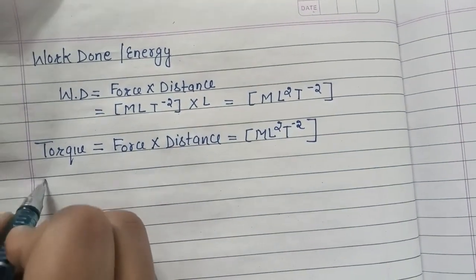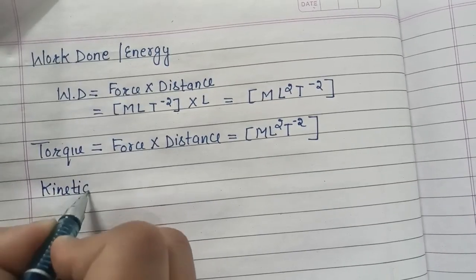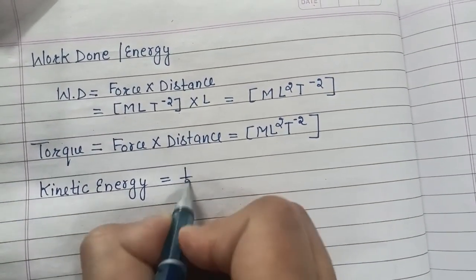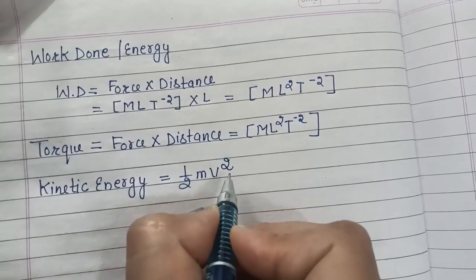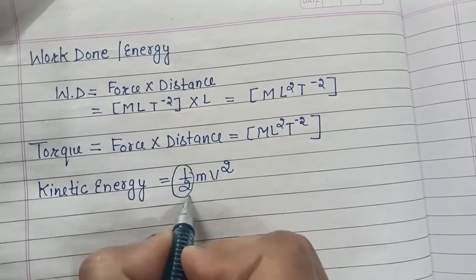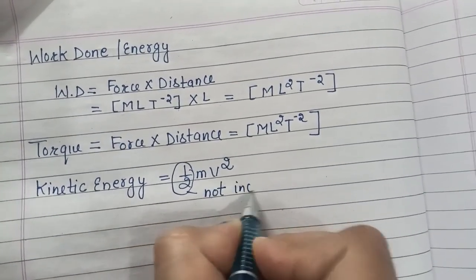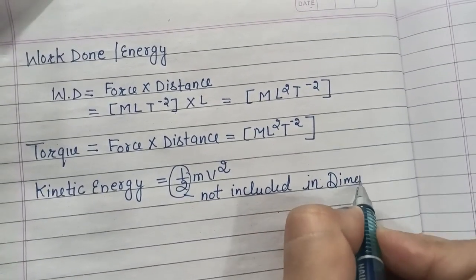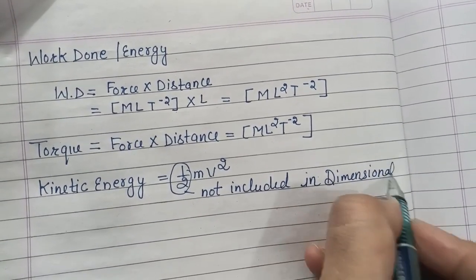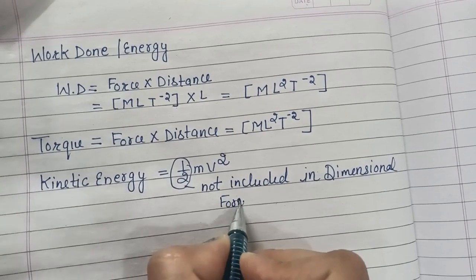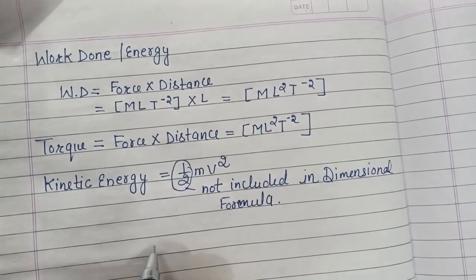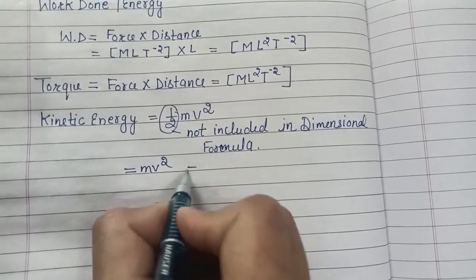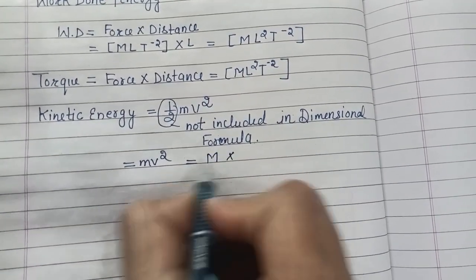And the next is kinetic energy, that is half mv². You have to remember that constant quantities are not included in the dimensional formula. So for mv², the symbol for mass is capital M, and v is velocity.